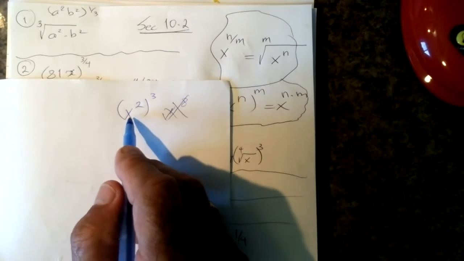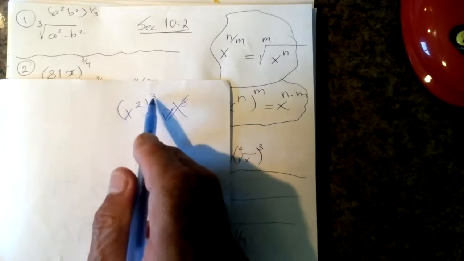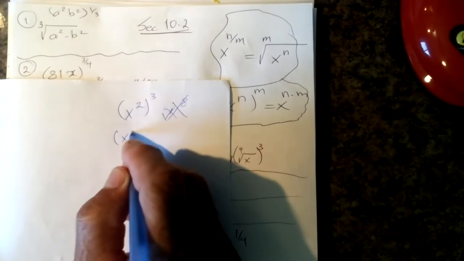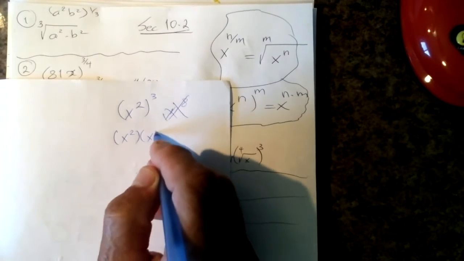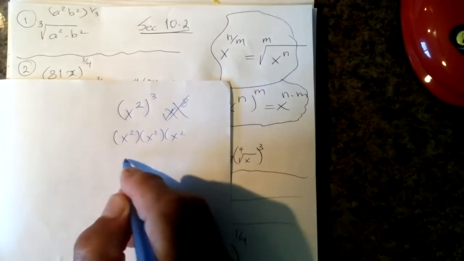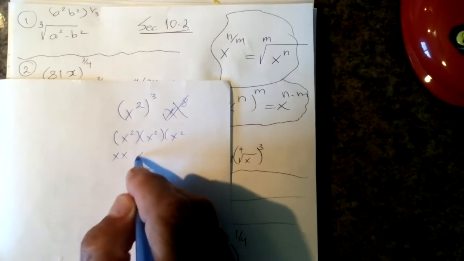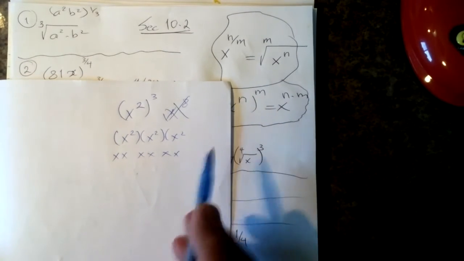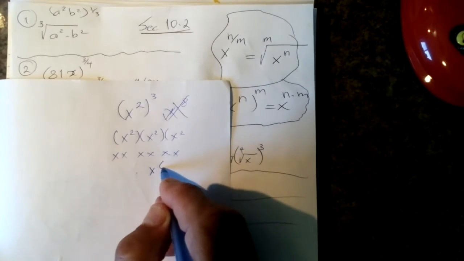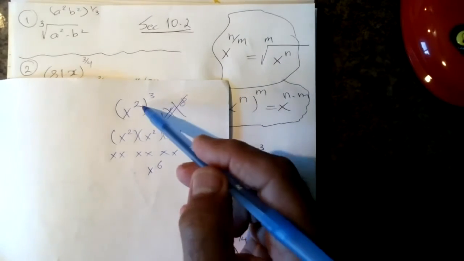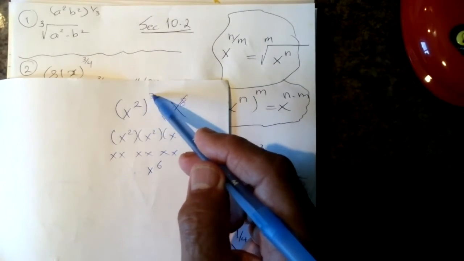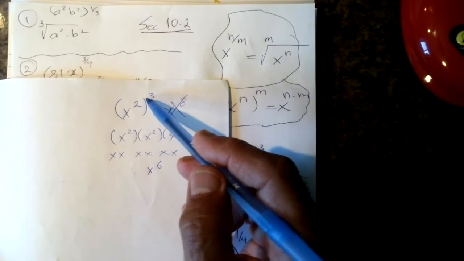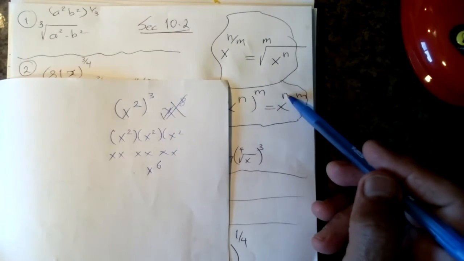The reason is this: when you have x^2 to the power of 3, it means you repeat x^2 three times. Look how many x's you have: 6. So it would be x to the power of 6. It means if you have more than one exponent, you always multiply the exponents.